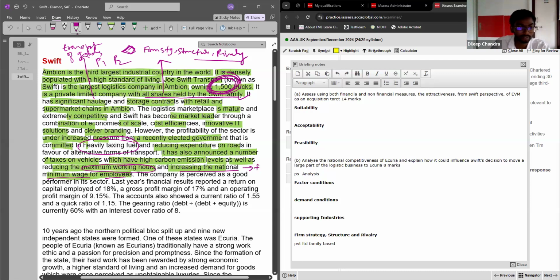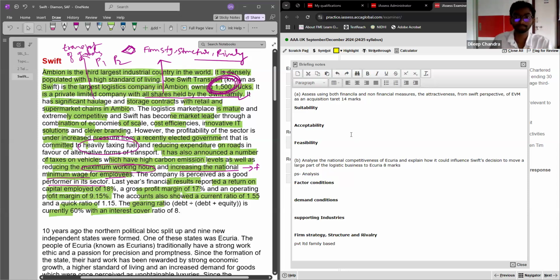The company is perceived as a good performer in its sector. Last year's financial results reported a return on capital employed of 18%, gross profit margin 17%, operating profit margin 9.15%. Accounts also showed a current ratio, quick ratio, gearing ratio, interest cover ratio. So many things they have given. Now, where can I use this information in my answer?